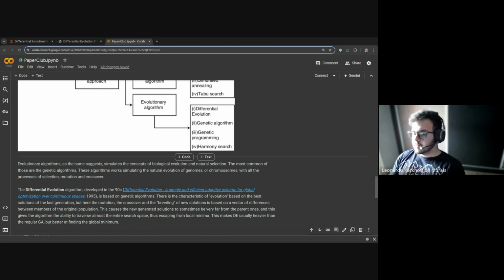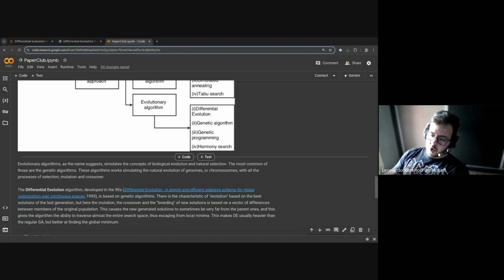But here we have some differences. For instance, the process of mutation and crossover for breeding new solutions is usually based on a vector of differences between the selected parents, selected solutions from the older generation.